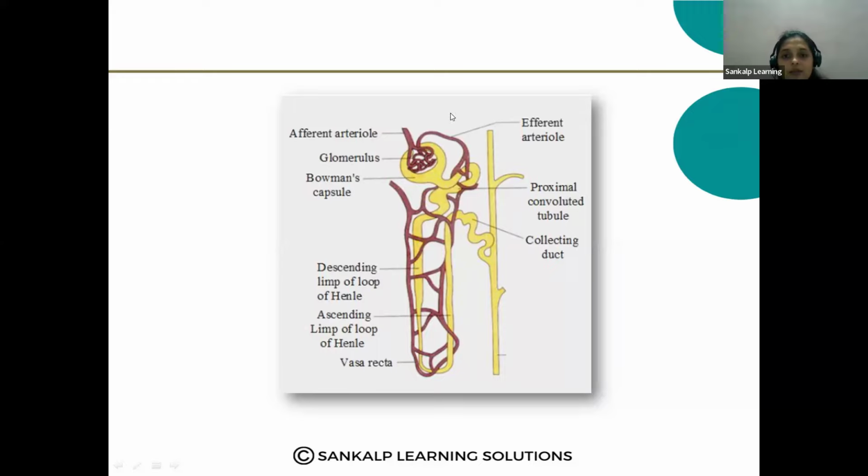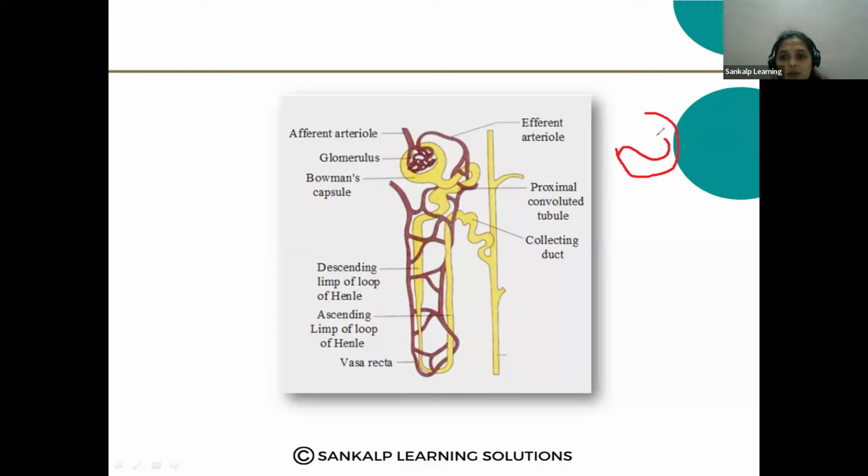In the nephron, there is a bowl shaped structure, called the Bowman's capsule. The blood capillaries carry the blood to the Bowman's capsule. Concentrate here: this first structure is called the Bowman's capsule, the capsule-like structure present in the nephron.